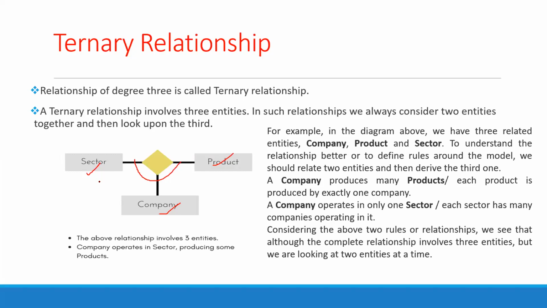A company operates in only one sector, but a sector has a lot of companies, many companies operating in it. So try to understand. A company operates in only one sector, but a sector has many companies operating in it.